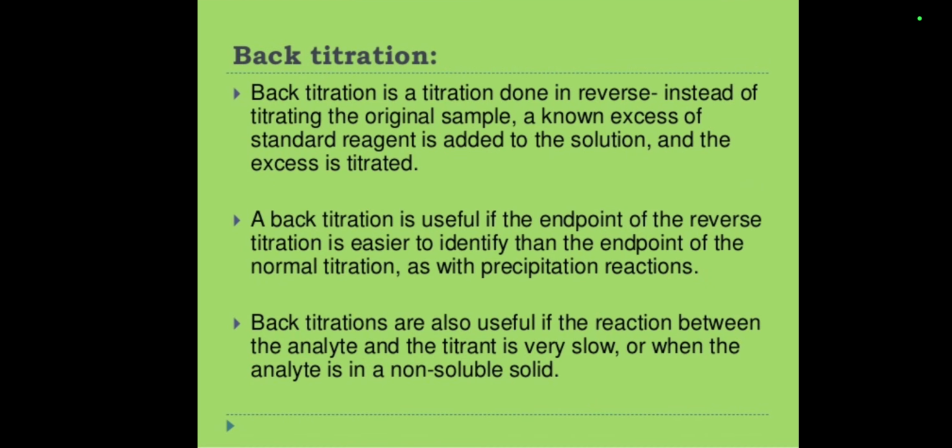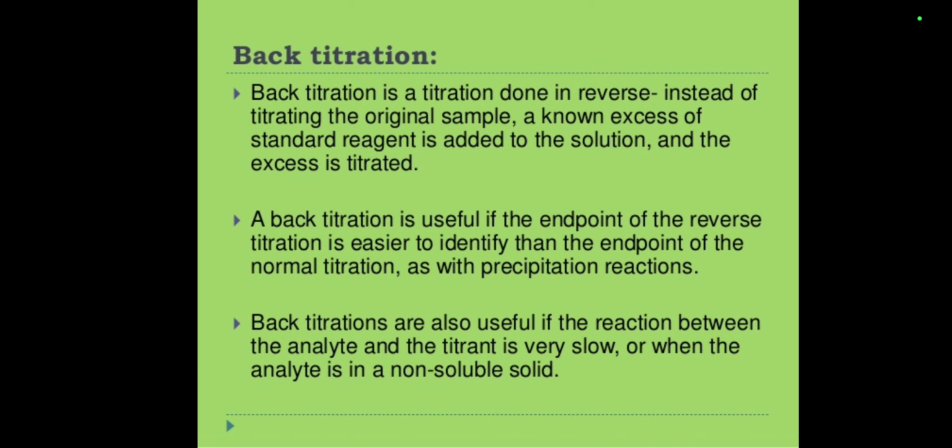Let's proceed to another type of titration, back titration. Back titration is very simple because it is the reverse process. You have to go back to the beginning of the process if you did not do your titration successfully. So back titration is titration done in reverse.